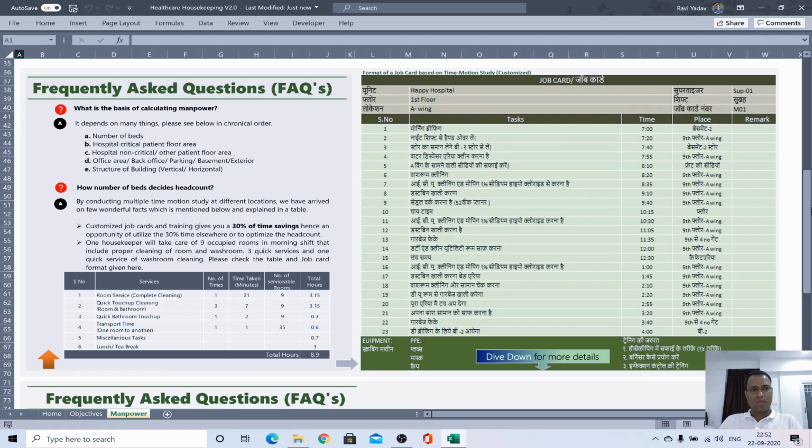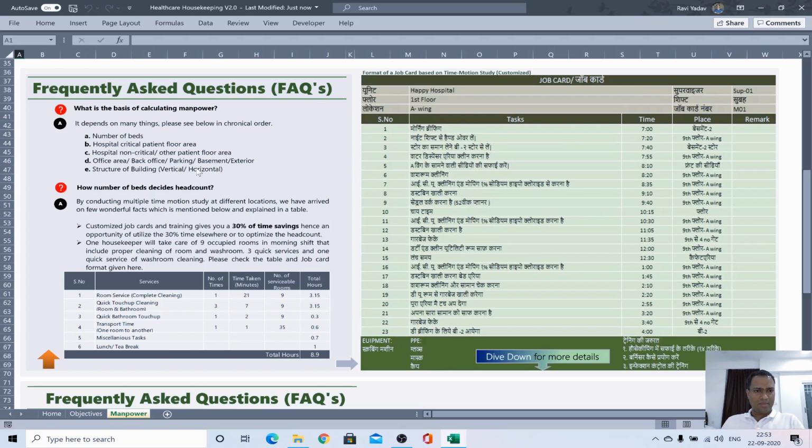It depends on how many beds you have in the hospital, including patients in wards, OT, ICU, and other areas. You can see it here: number of beds, hospital critical patient floor, non-critical patient floor, office area, back office, parking, basement, exterior, radiology, emergency, everything.